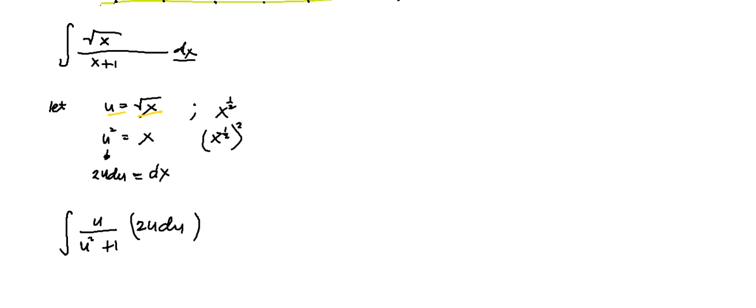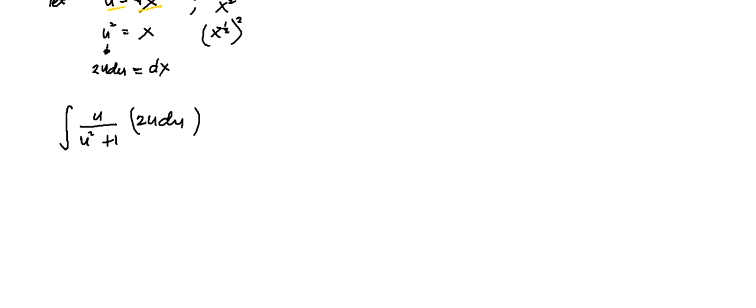Okay, then we need to simplify this one. So we have 2u du multiplied by u, so we have 2u squared du, then all over u squared plus 1.